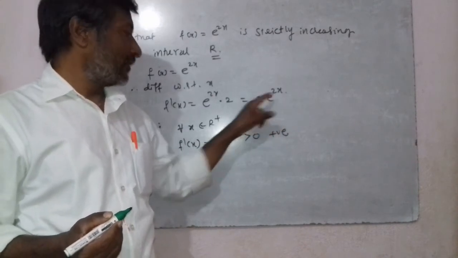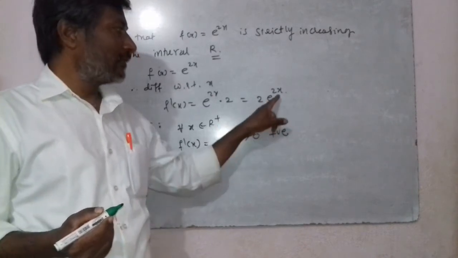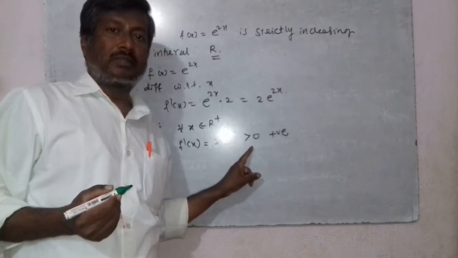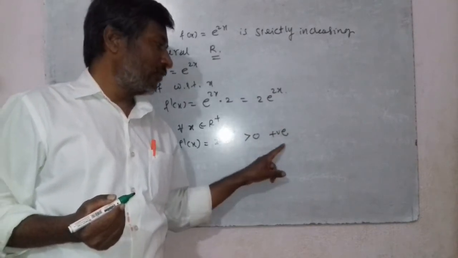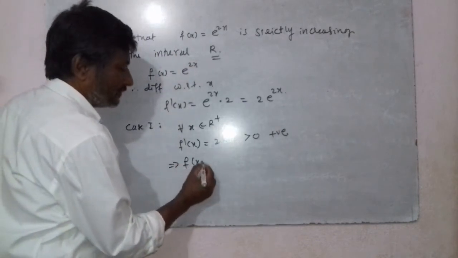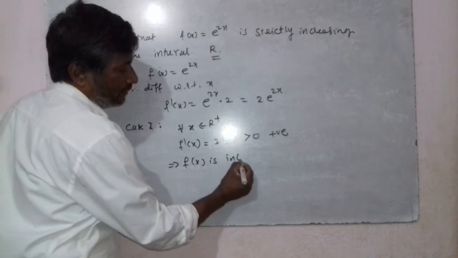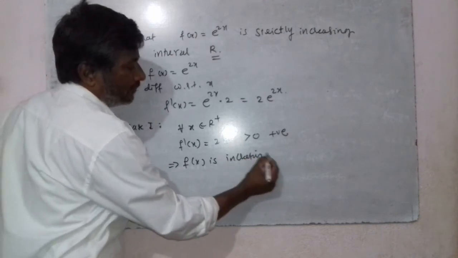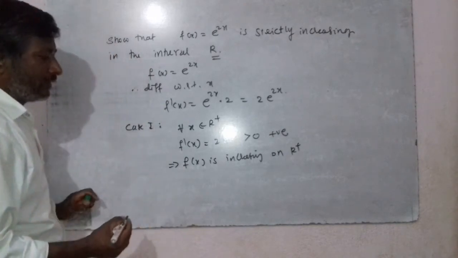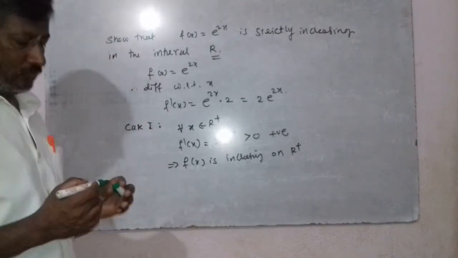E raised to 2x for positive real numbers is always greater than 0, positive. So this implies f x is increasing on R plus.